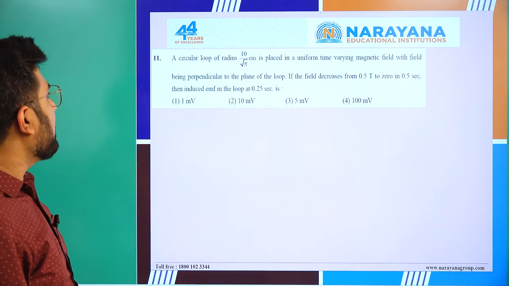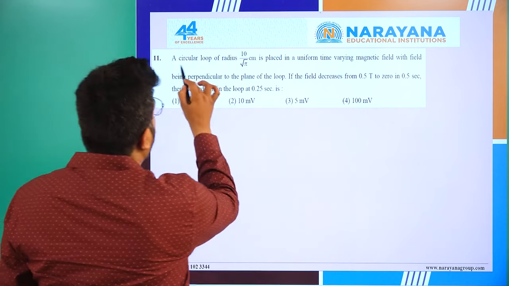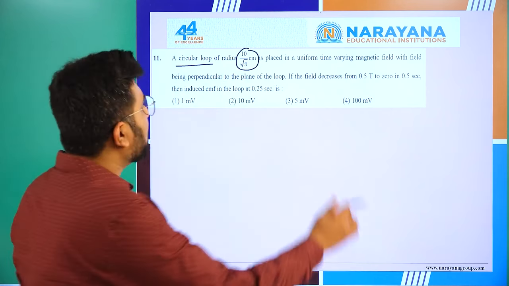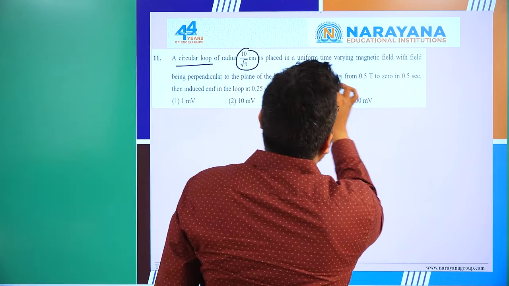In this question we have a circular loop of this much radius, and it is placed in a time varying magnetic field which is uniform. The field is perpendicular to the plane. Okay.